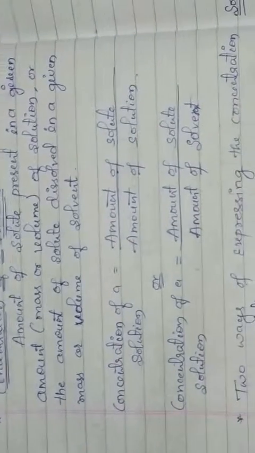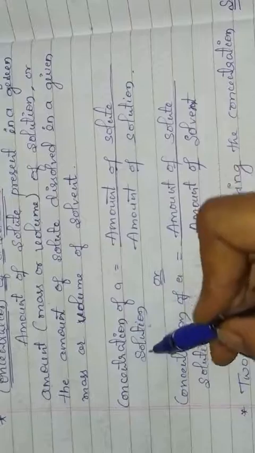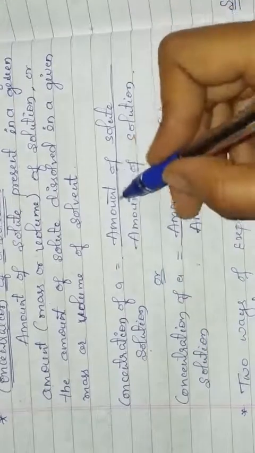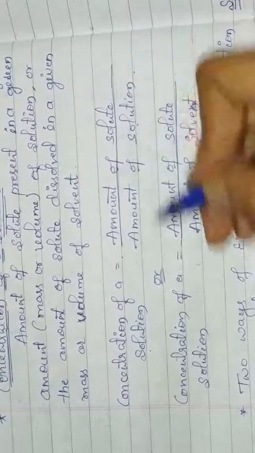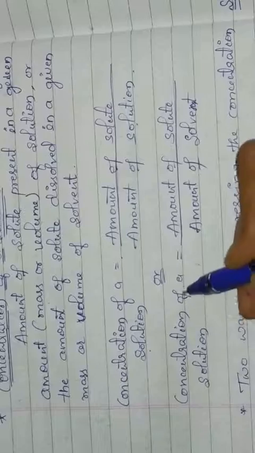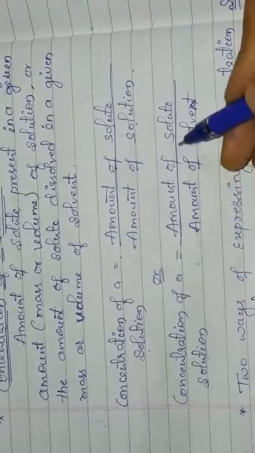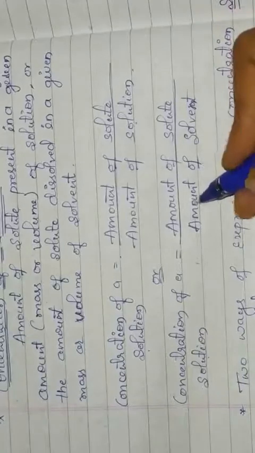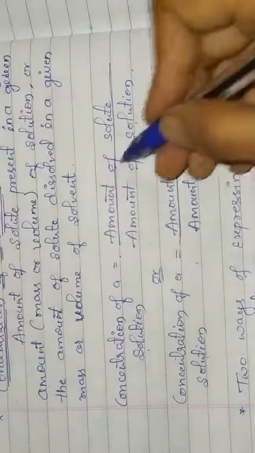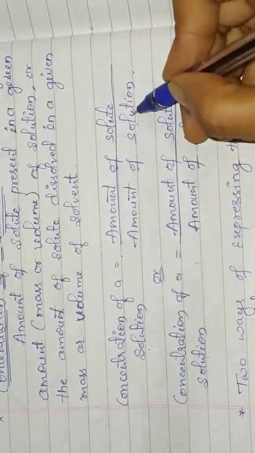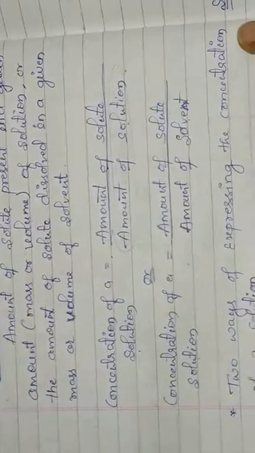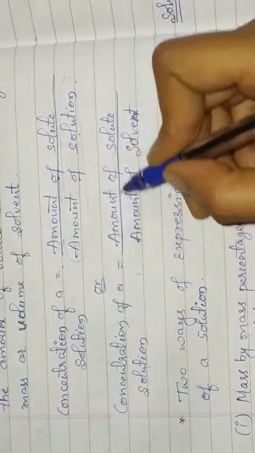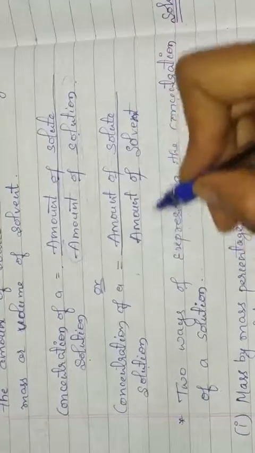We can also express it like this: concentration of a solution is equal to the amount of solute divided by the amount of solution. Or concentration of a solution is equal to the amount of solute divided by the volume of solvent. The first means the amount of solute present in a particular amount of solution. This is the amount of solute dissolved in a particular amount of solvent.